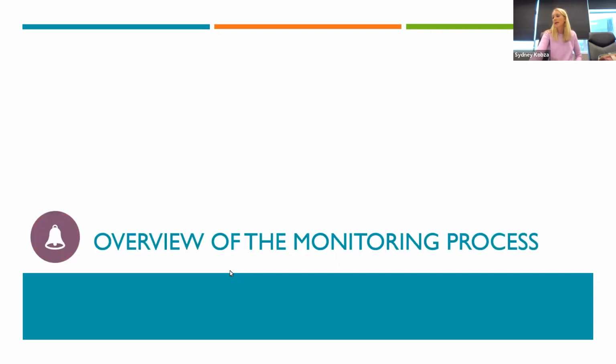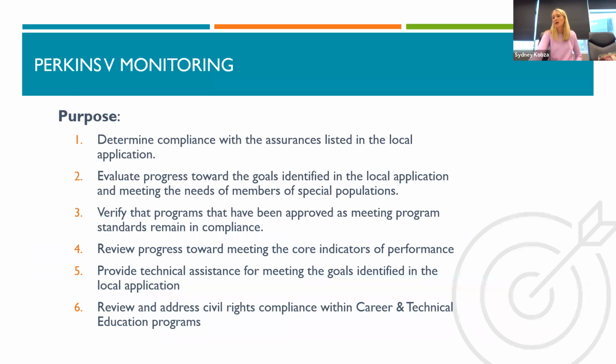And so again, a brief overview of the monitoring process. You can see the purpose of the monitoring; we have everything listed out. This was also included in those worksheets that you received. But Perkins 5 has given us the opportunity to shift from a compliance structure of monitoring to a more technical assistance way of monitoring.